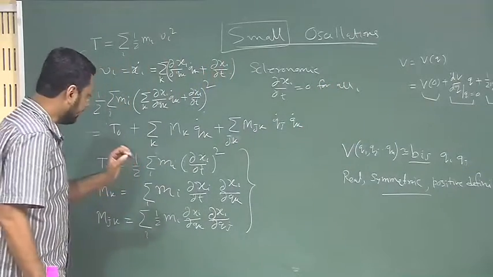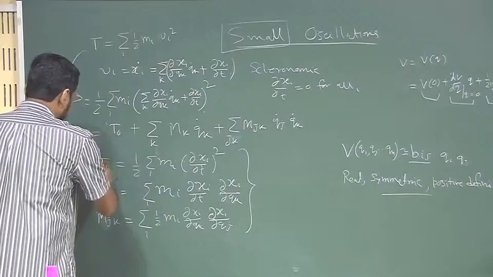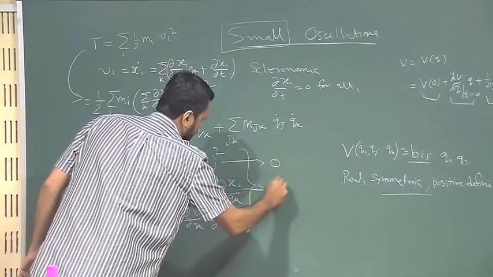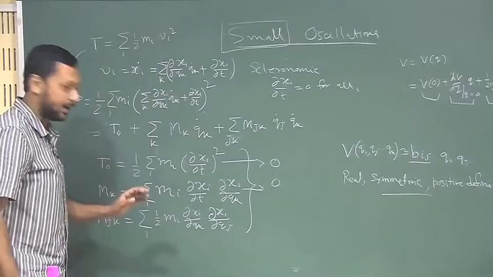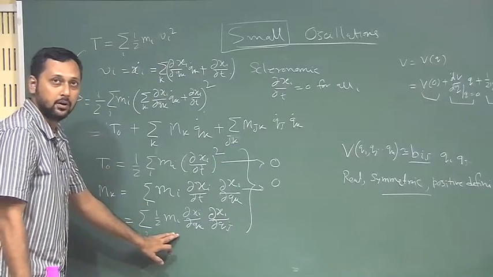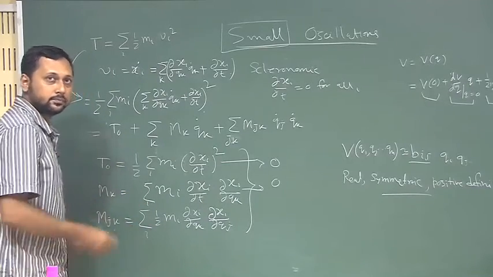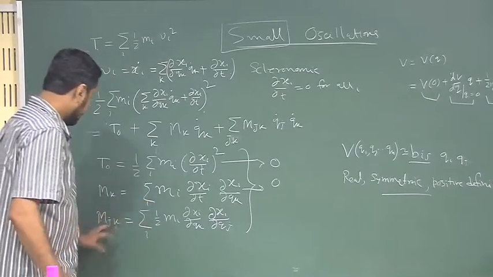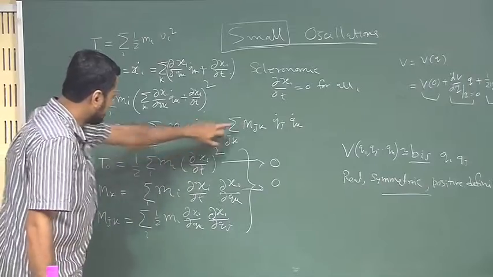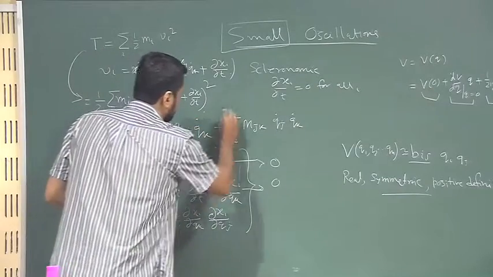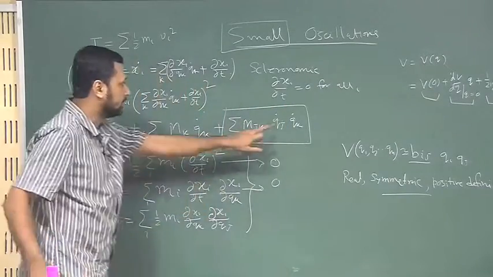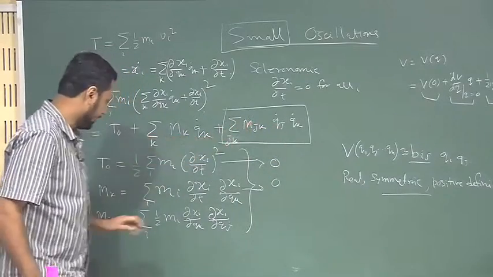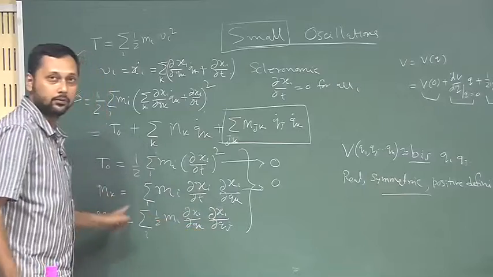Immediately we see that this term and this term will give you 0, leaving behind only the last term. You can see that this is also a tensor, and only this term will survive, which is quadratic in generalized velocities with a coefficient m j k, which has this particular tensorial form.